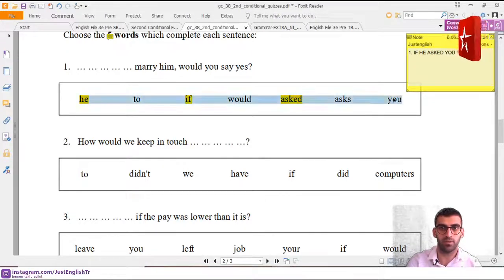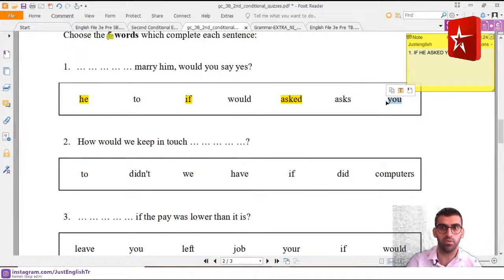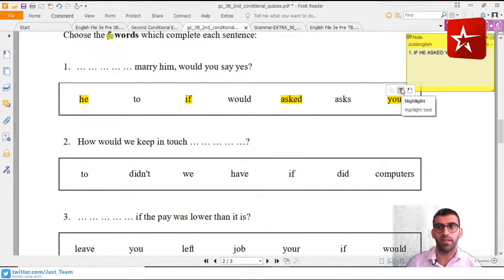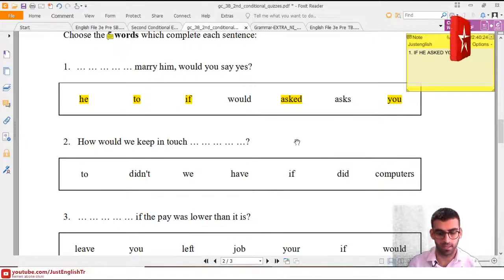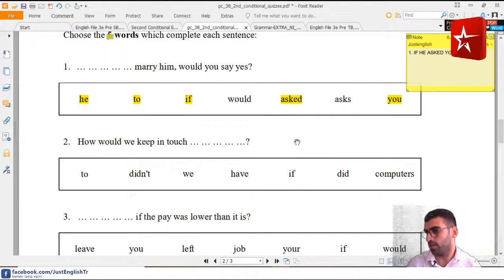You is here. We have to highlight you. Yes, if he asks you to marry him, like fifth is him. Yes, if he asks you to marry him, would you say yes? That's the correct answer.